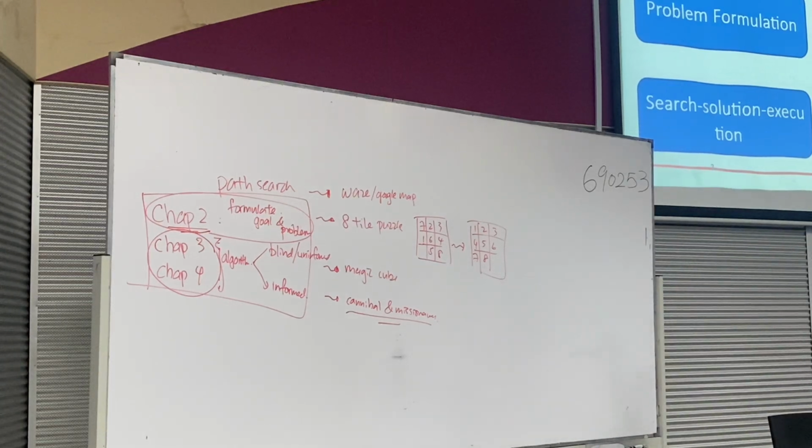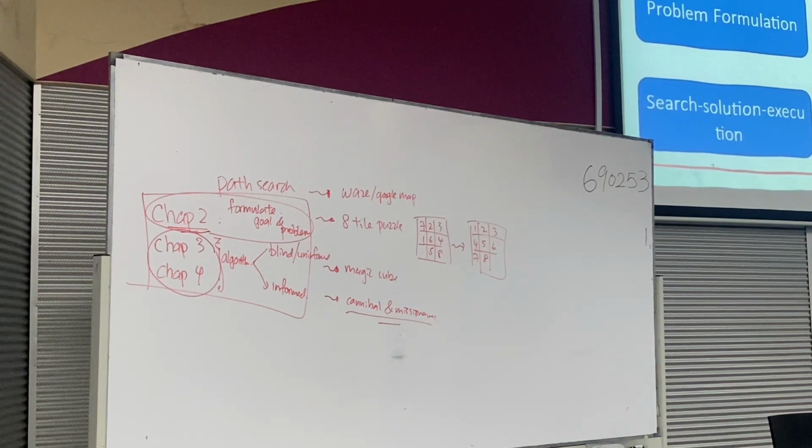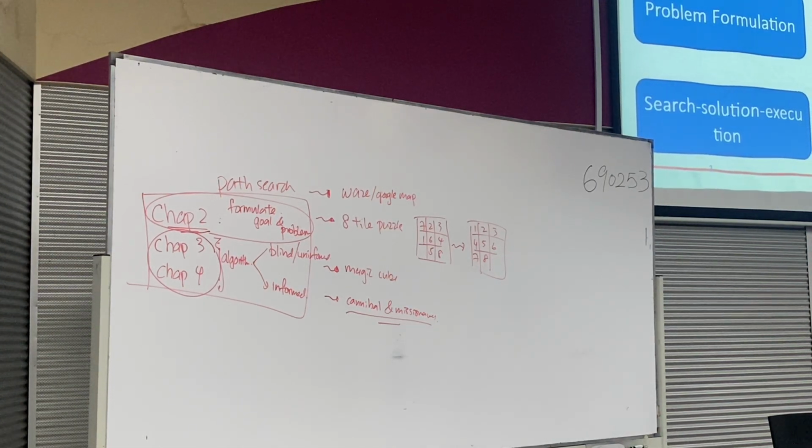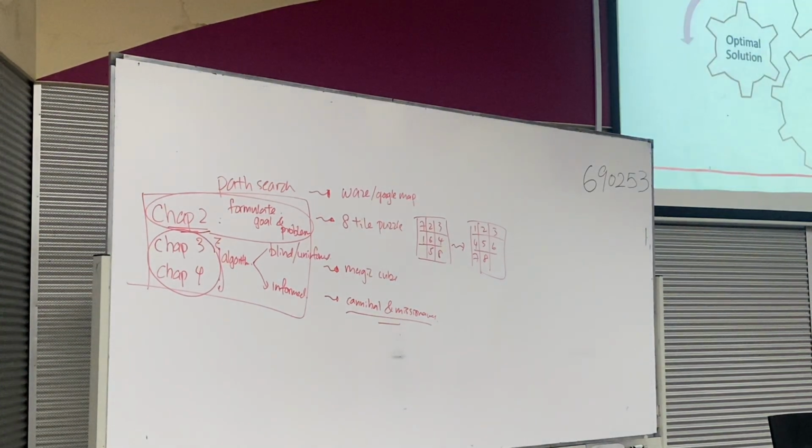Blind search is where no information is provided and we do the search. Informed search is where we are given some information, for example, the time or the distance, for us to do the search. We will see the limitations of each search, as well as the conditions of the information needed in order to solve using that kind of strategy.